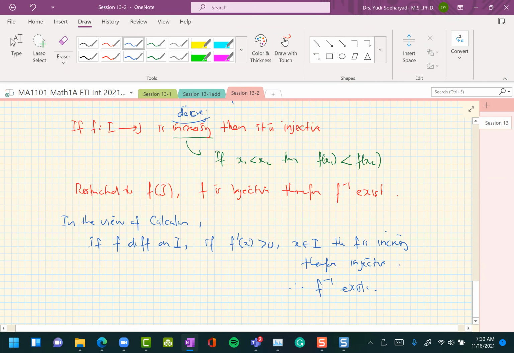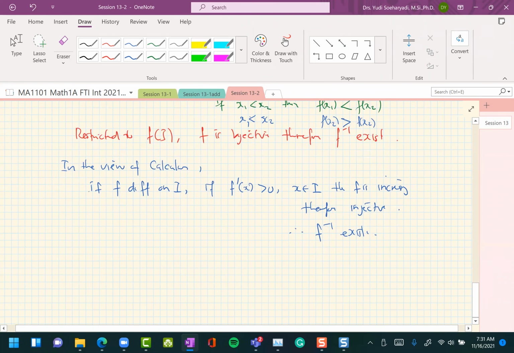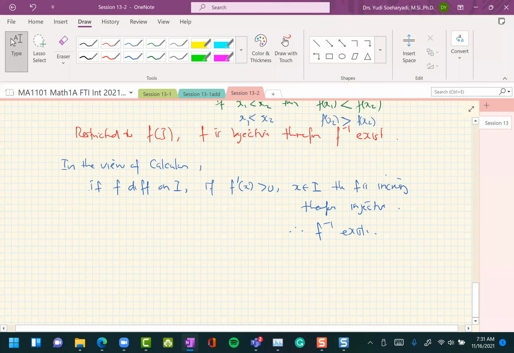It's also injective. So this is how you know whether a function has an inverse or not, if you have differentiability.